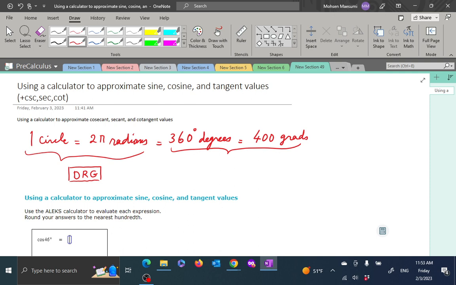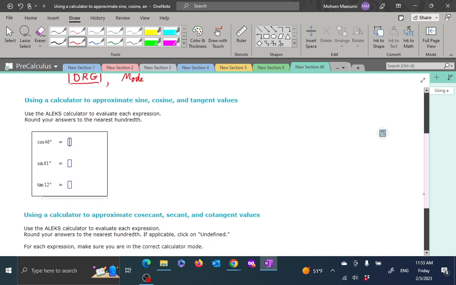So before you do any calculation, you have to decide which unit you want to do your calculation in, and act accordingly. Then there are some calculators that have a mode that you go on and decide what you are doing. So that's the main lesson here. Other than that, everything is pretty trivial.